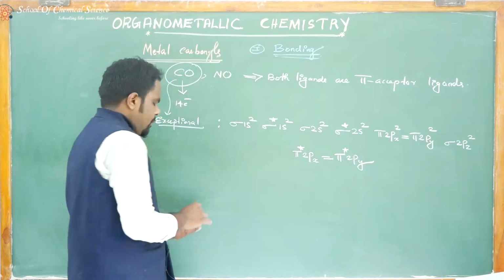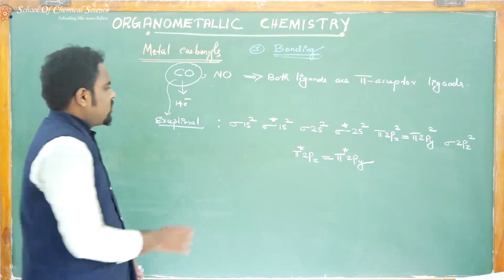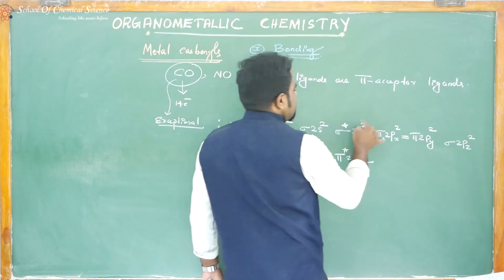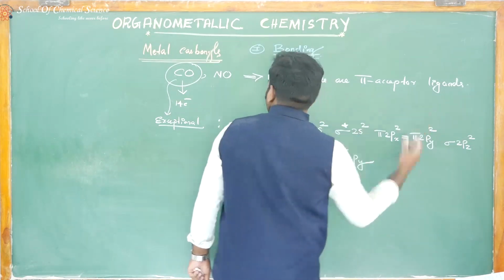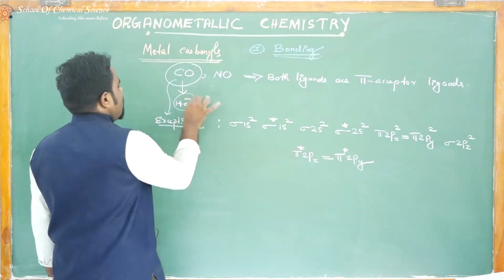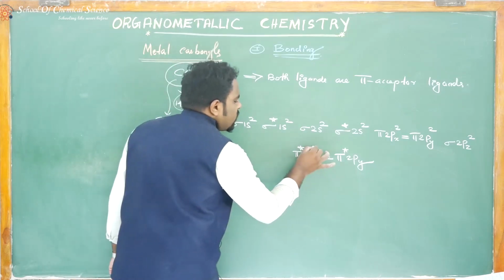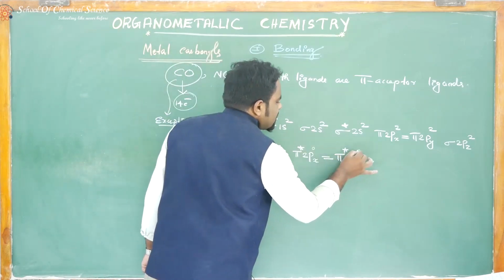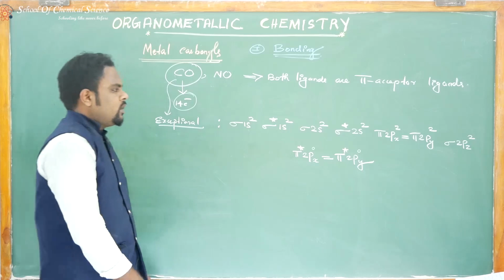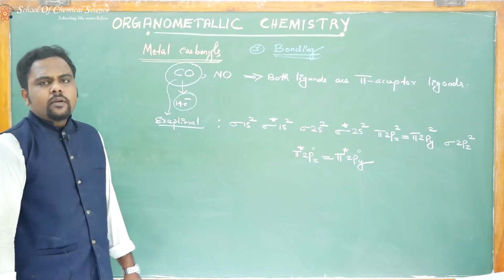This is the MO configuration of carbon monoxide. 2, 4, 6, 8, 10, 12, 14. 14 electrons are there in carbon monoxide. So pi star 2px 0 equal to pi star 2py 0.